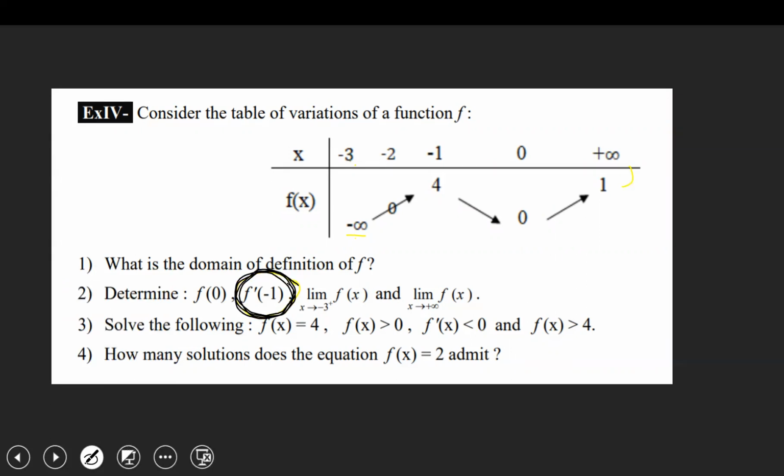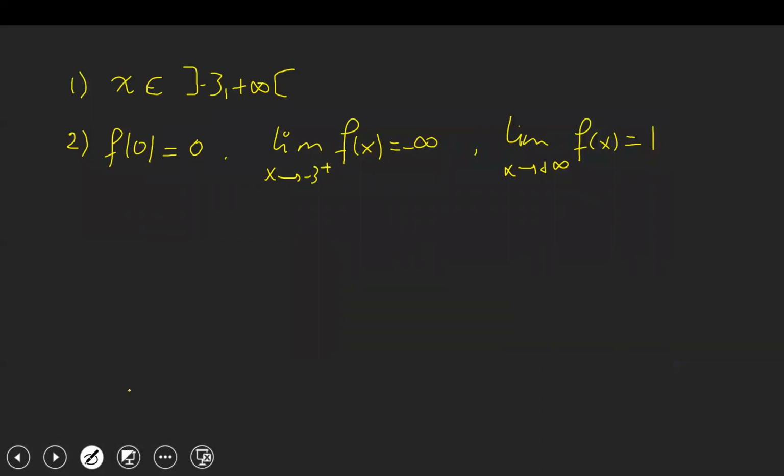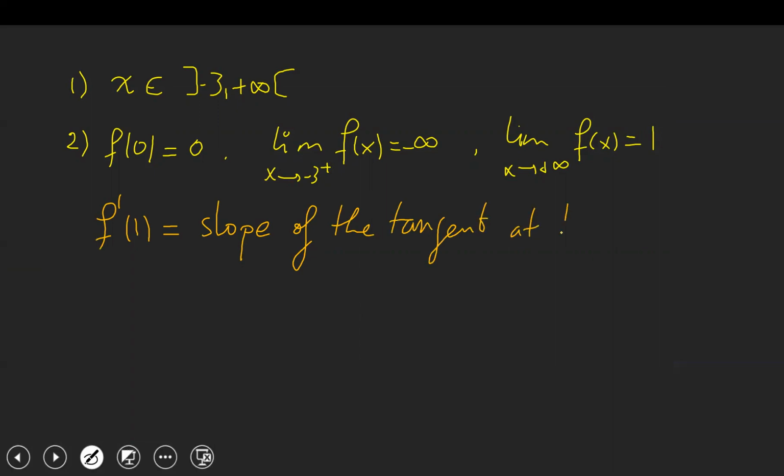As we know, before doing anything, f prime at a certain value or at a certain point is the slope of the tangent at the point whose abscissa is that value.